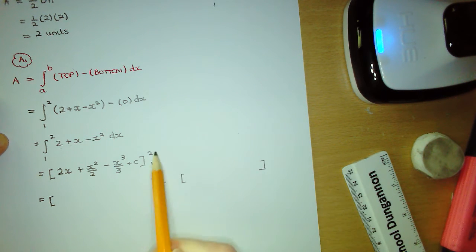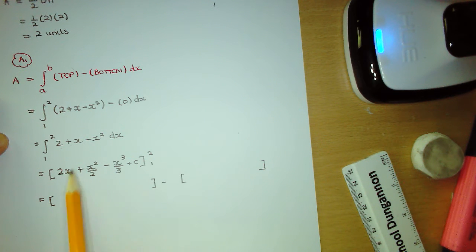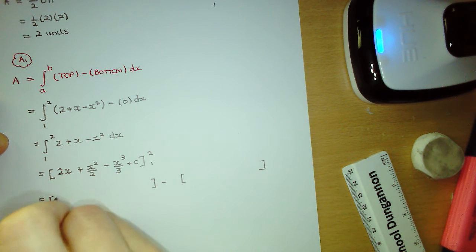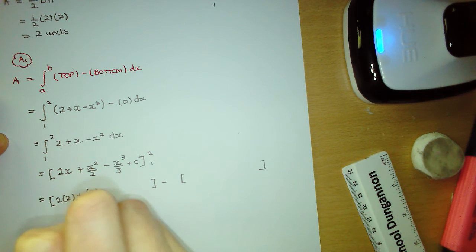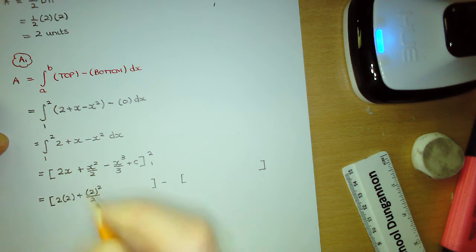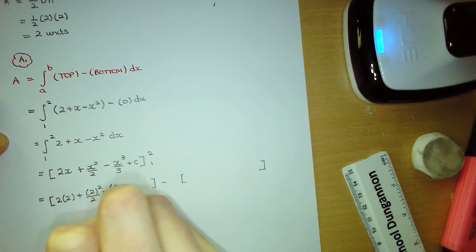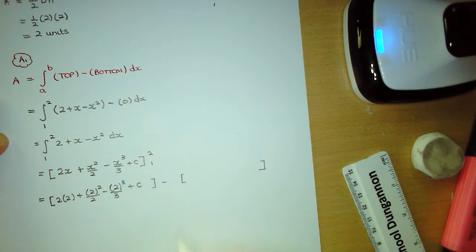So we're going to sub the top limit here, the bigger limit, into the integrated expression in the first square bracket here. So replace x with 2. So we've got 2 times 2 plus 2 squared over 2 minus 2 cubed over 3 plus c.